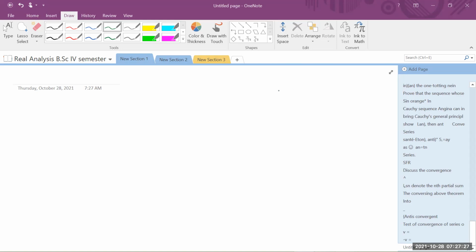Now there are different versions of this one, but I'm not going to discuss all of them. Some other important interpretations, which we will use during solving questions based on the comparison test.